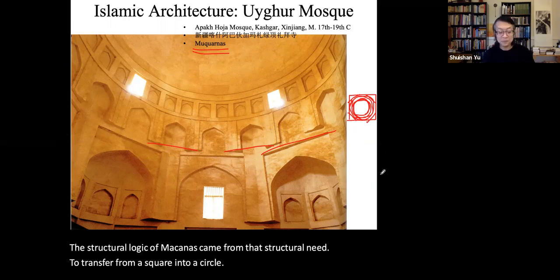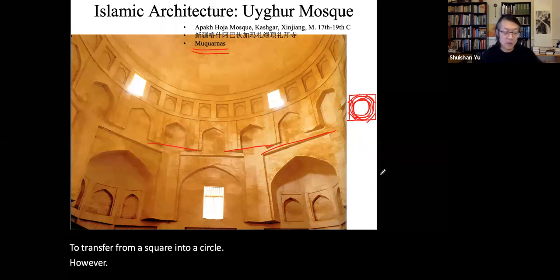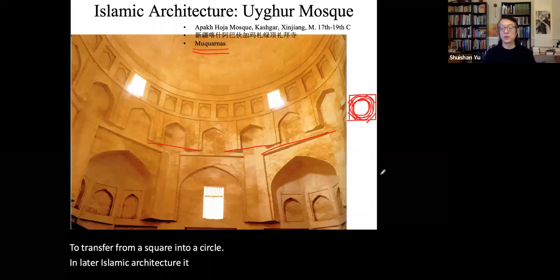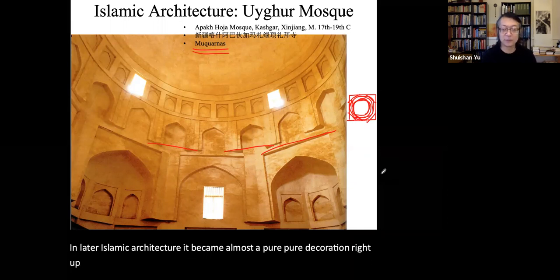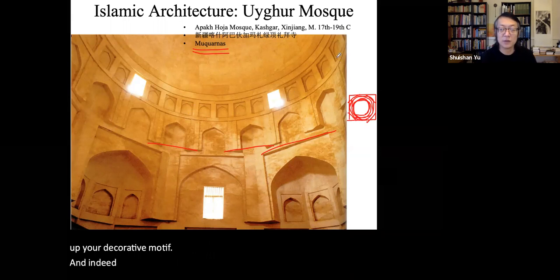However, in later Islamic architecture, it became almost a pure decoration, right? A pure decorative motif. And indeed, for those upper levels, there was virtually no need to make further transition, right?